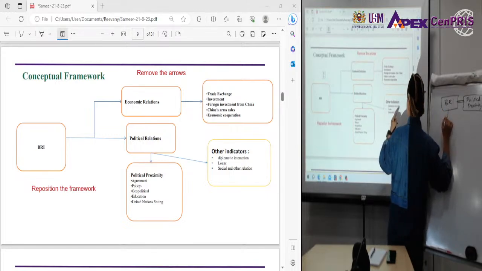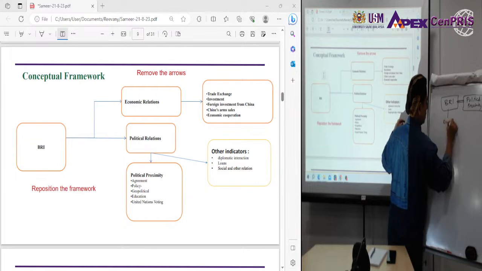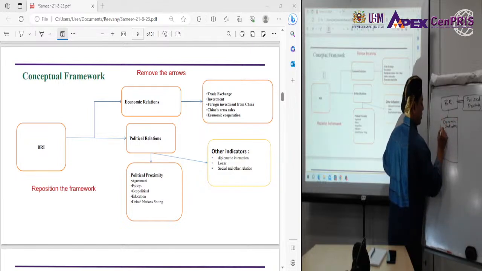Whatever economic relations, right? All the economic indicators here, which is trade, investment, and the rest.